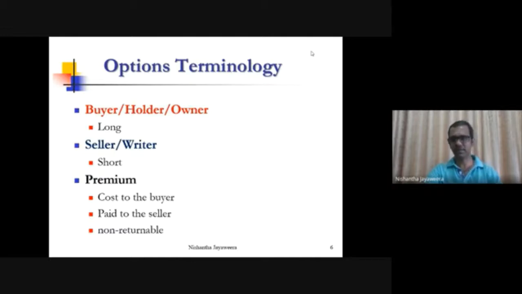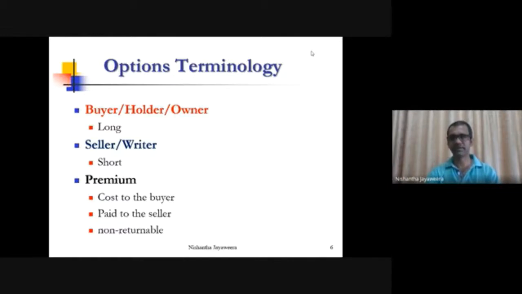Then we discussed two types of options depending on the right given to the option buyer. If it gives a right to buy the underlying, we call it a call option. So in summary, a call option gives the right to buy the underlying asset.